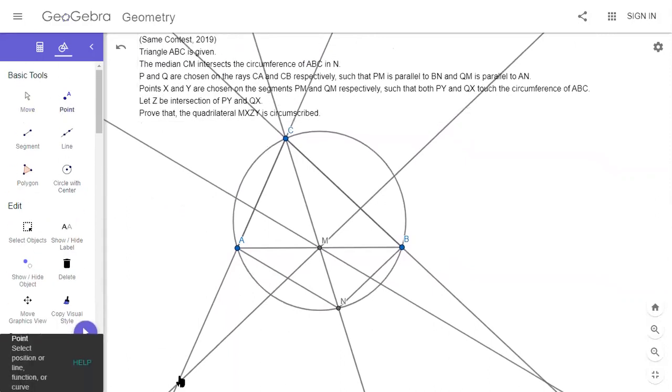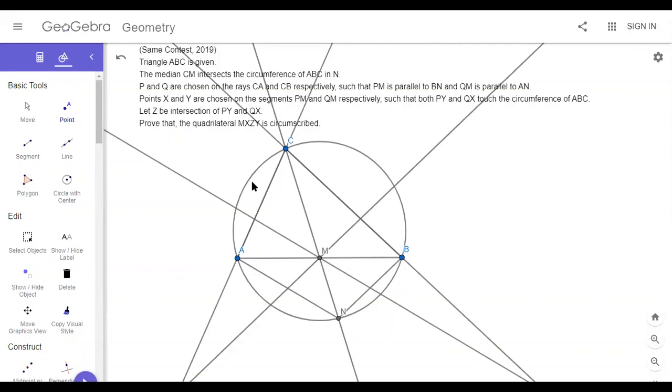So these are those 2 points. So PY and QX are both tangent. Is it number 3 after all?